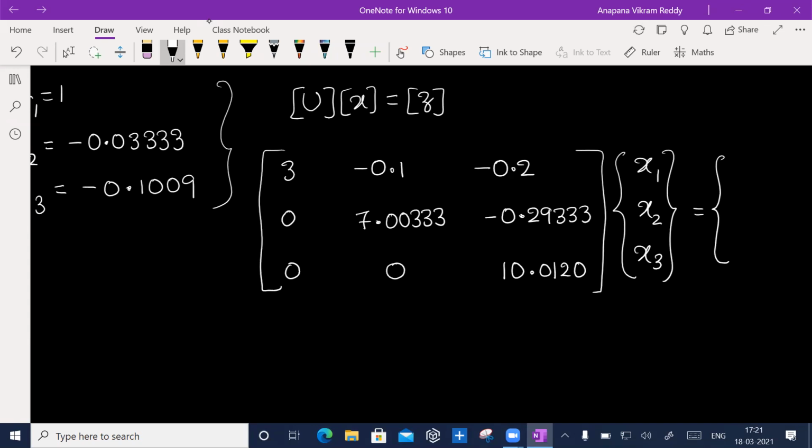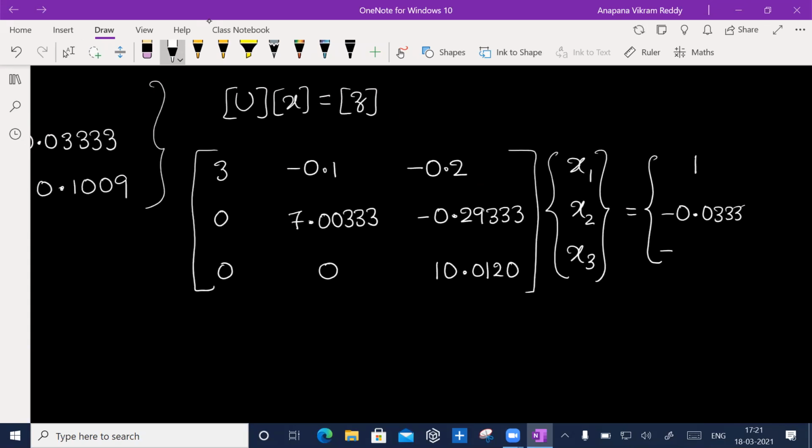Now you tell me, what do I do? What is my Z here? You obtained Z as this one: Z1 equal to 1, minus 0.03333, and then negative 0.1009. Now you employ backward substitution. You find x3, x2, x1, that's it. So what is x3?